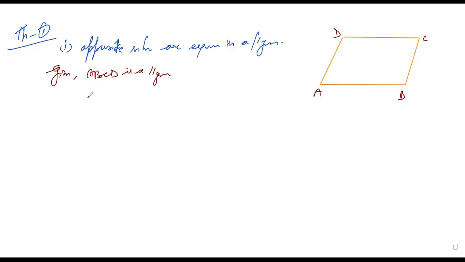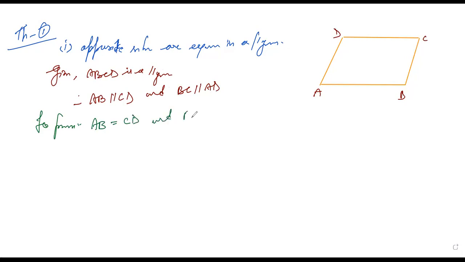Since it is a parallelogram, therefore AB is parallel to CD and BC is parallel to AD. This has already been given to us. What we have to prove is that AB equals CD, and BC equals AD.